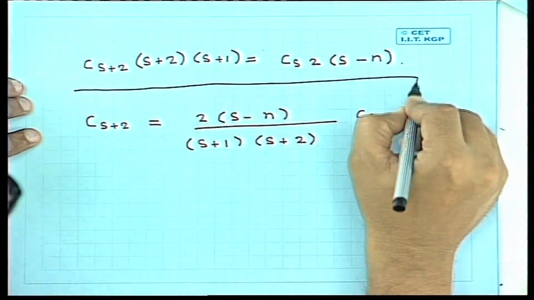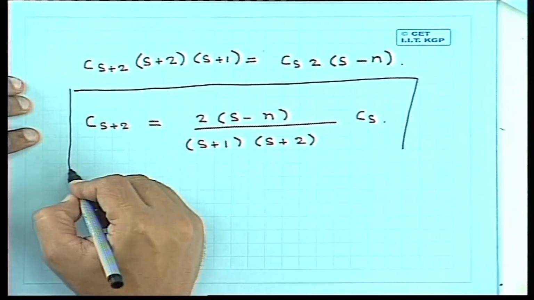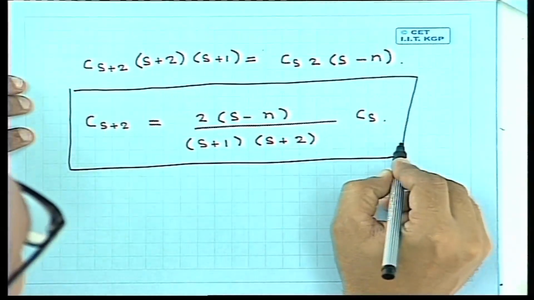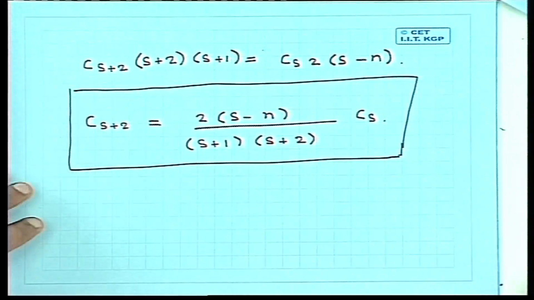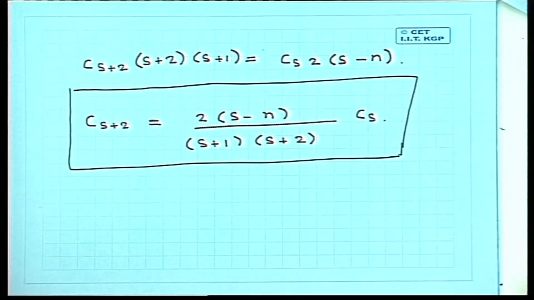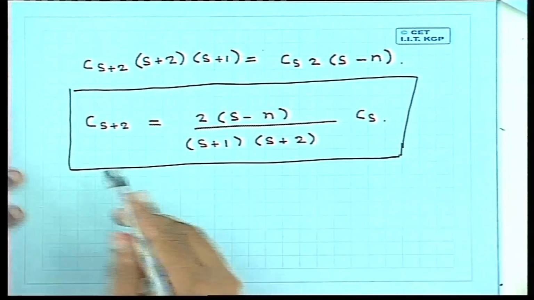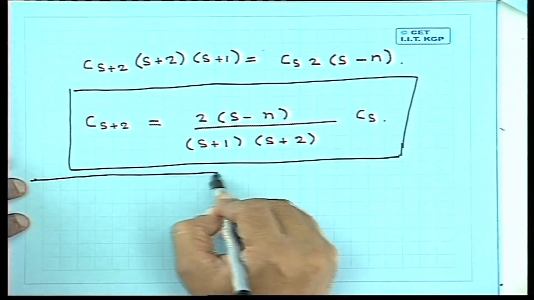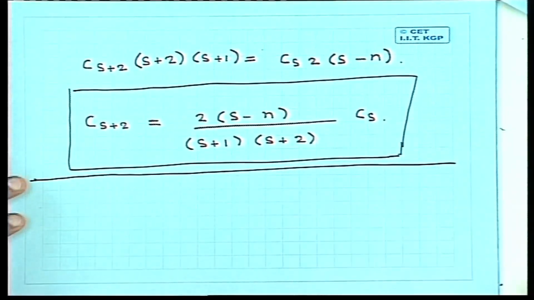So this is the recursion relation. If we know one particular C, then we can work our way to find the coefficients of all the other powers of xi. Now let us study this in some detail. What are the features of this recursion relation?